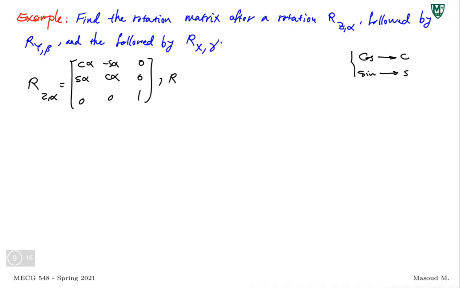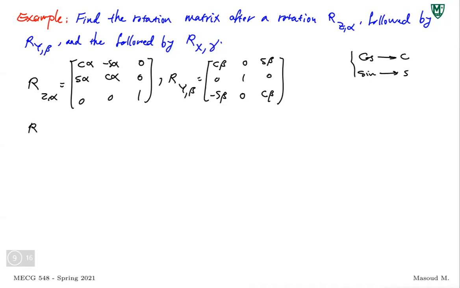Right? This is followed by R Y beta. We also know that one already. So this is cosine beta, 0, this is 0, 1, 0, and this is also 0. This becomes sine beta, this is minus sine beta, and this is cosine beta. Let me double check if I wrote correctly. Yes, that's it.